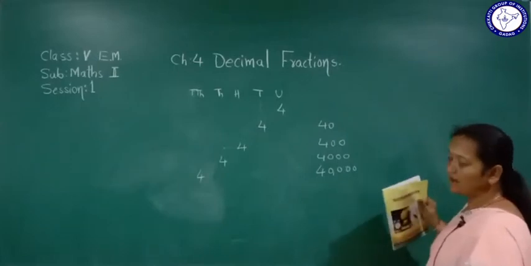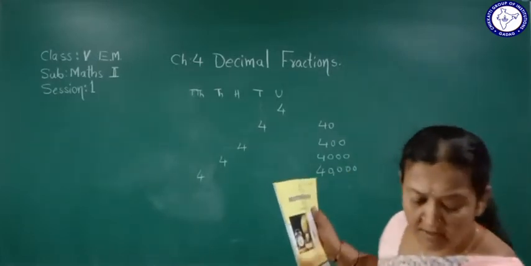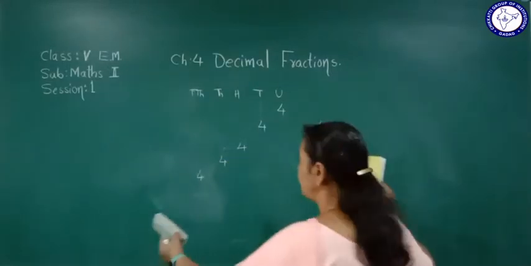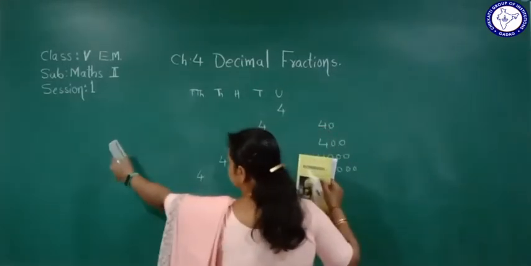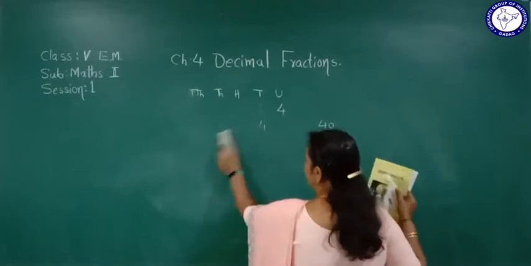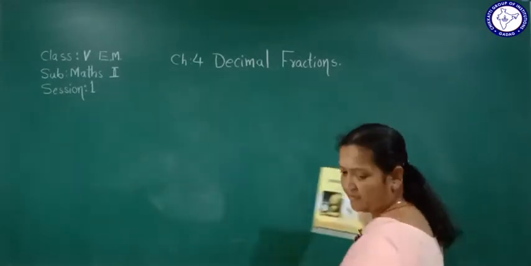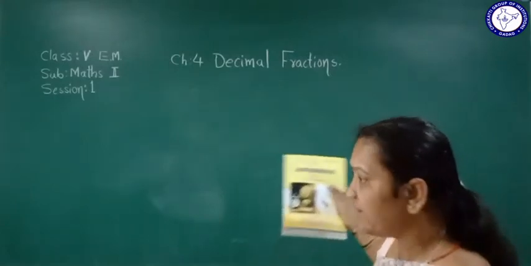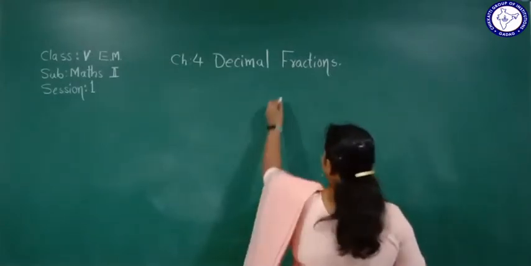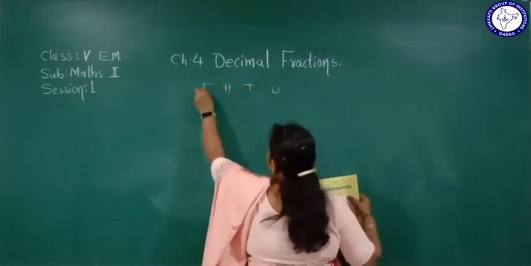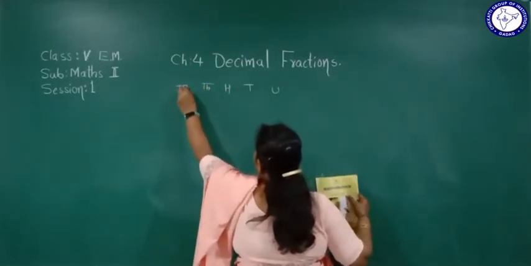Okay. Similarly, as the number goes to the left side, its place value increases by 10 times. But suppose that number is moving to the right side. Here it is units, this is tens, 100, 1000, 10,000.